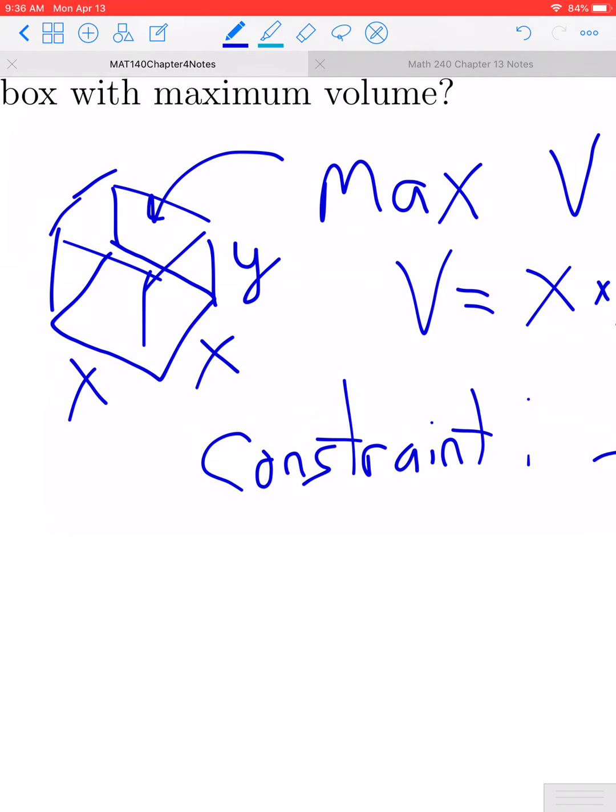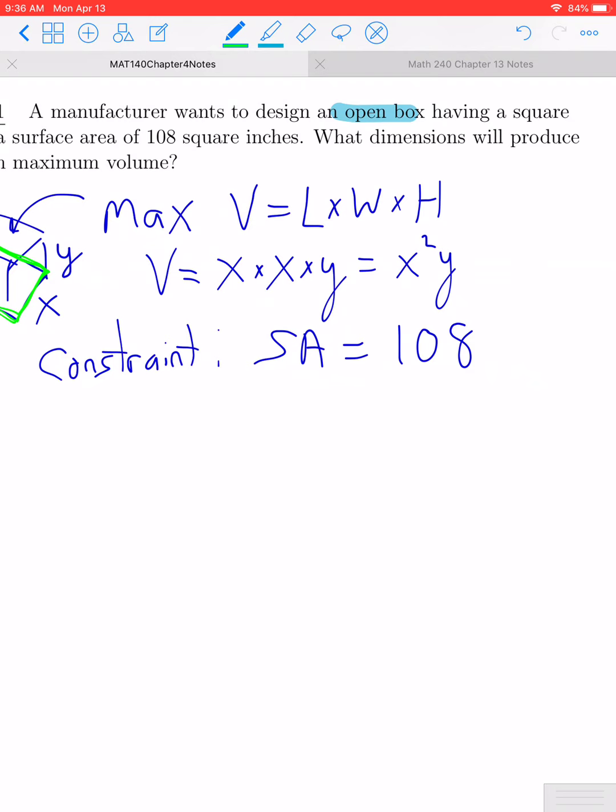You'll have the left side, the right side, the front face, the back face, and then the bottom of the box. The surface area of the bottom is a square with sides x and x, so it has area x squared.